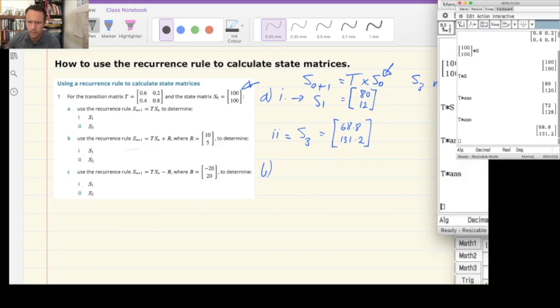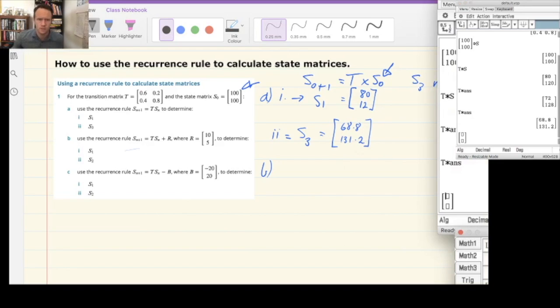Now I'm just going to pop B in here, pop my column matrix in, and it's 10 and 5. Call that R for the sake of consistency. Alright, so now I am going to do T.